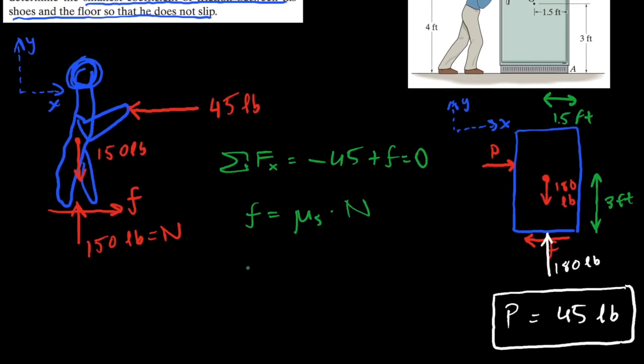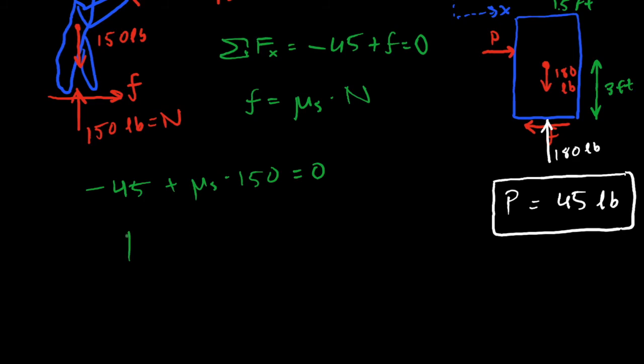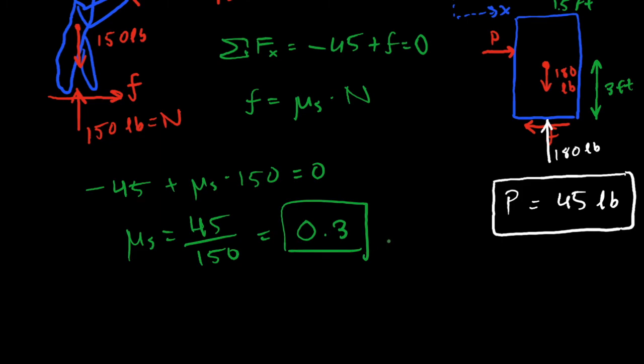So plugging that in, we can get a nice equation: minus 45 plus mu s times N, his normal force, which is 150, equals 0. Solving this, we get mu sub s is 45 over 150, which is equivalent to 0.3. And that is our answer.